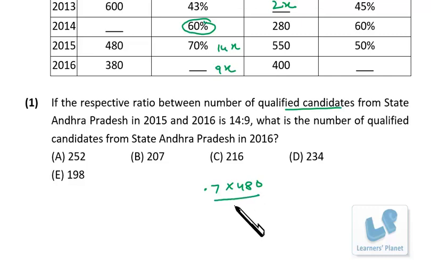This divided by 14 is x, so we have to find 9x, the number of qualified candidates from Andhra Pradesh in 2016. Cancelling, it is 24 into 9, which is 216. Okay.